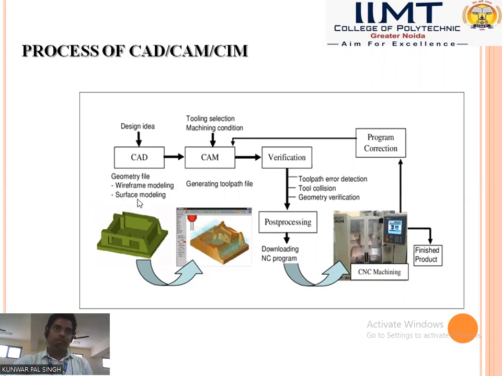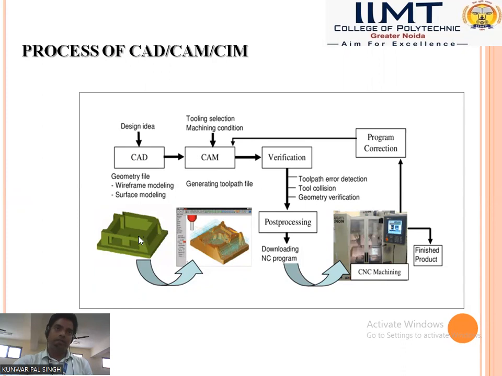After the design is completed, this data is transferred to the CAM. What the CAM does is tooling selection, machining conditions. All the manufacturing activities are done by the CAM software. Here we see this figure, which shows the surface modeling and wireframe modeling.